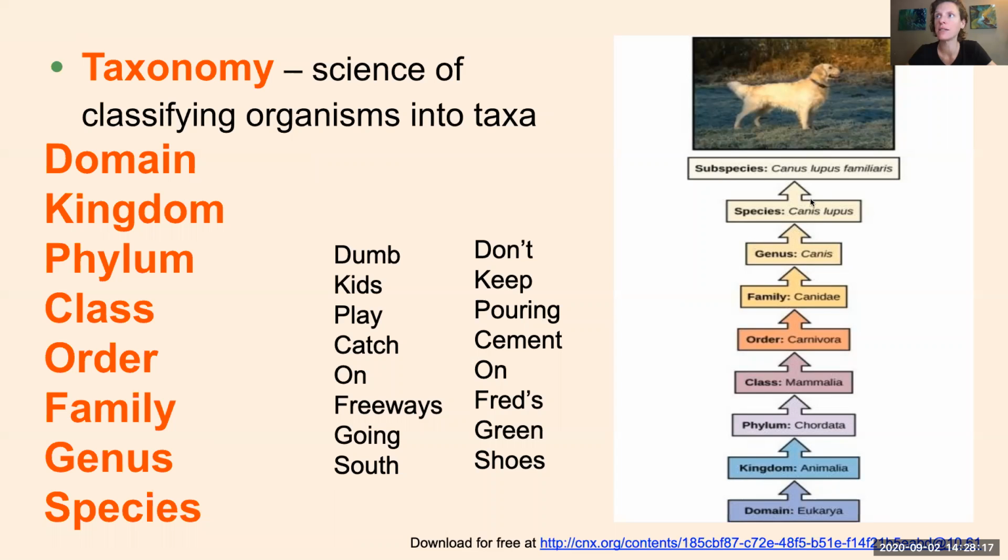The genus is Canis, and the species is lupus. Kind of a hard one because Canis is in there twice, but the scientific name is Canis lupus.